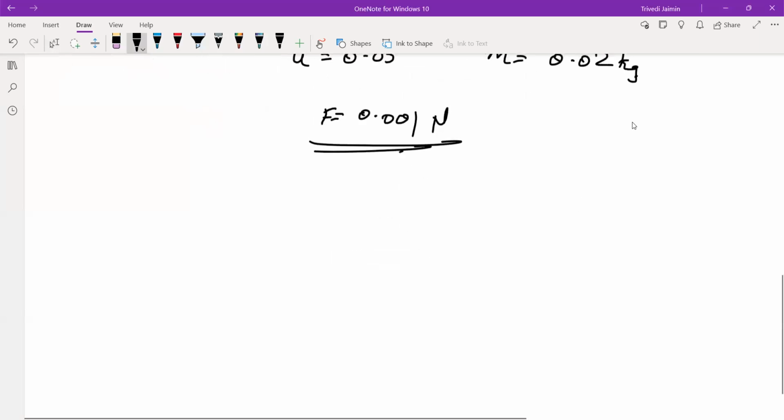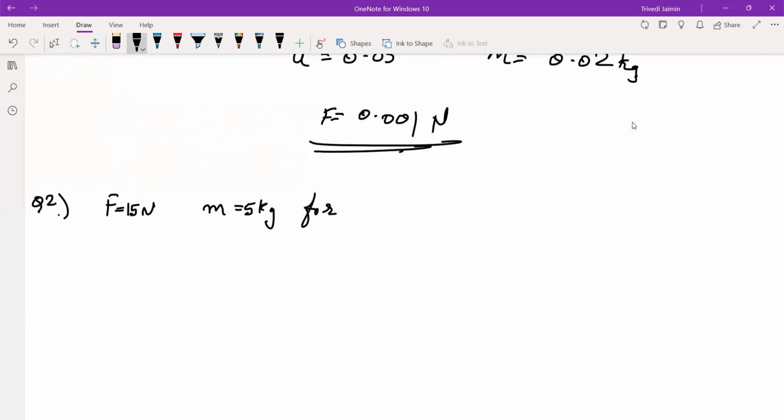Okay, let's try another question. A force of 15 Newton acts on a body of mass 5 kg for 2 seconds.